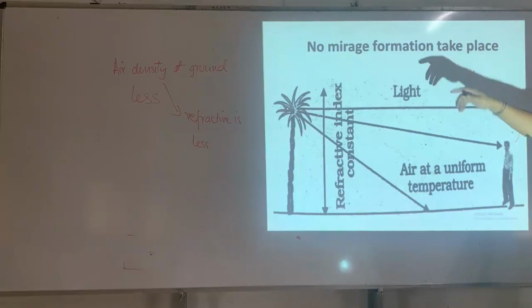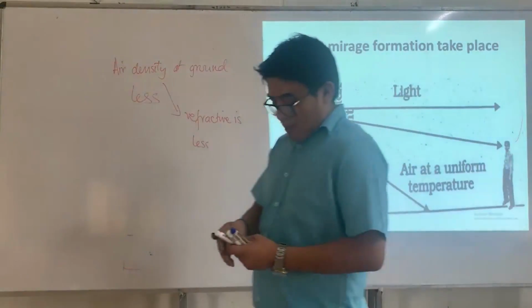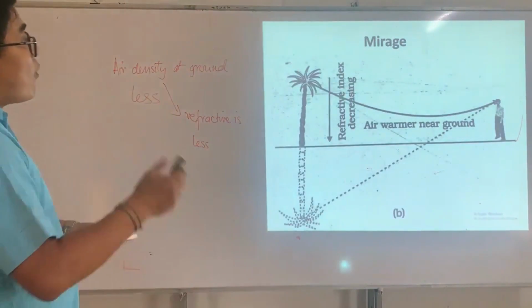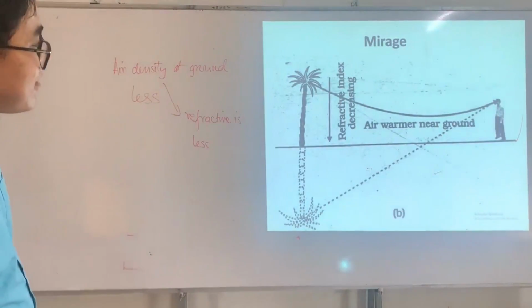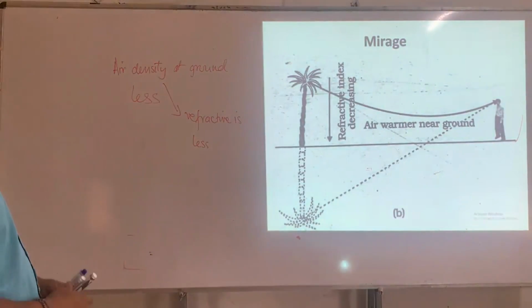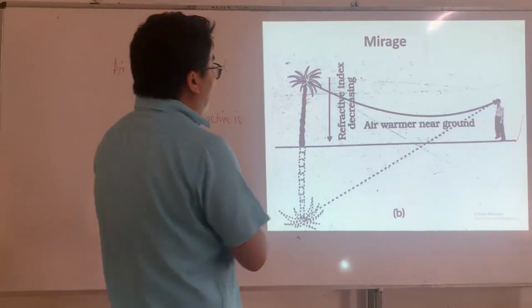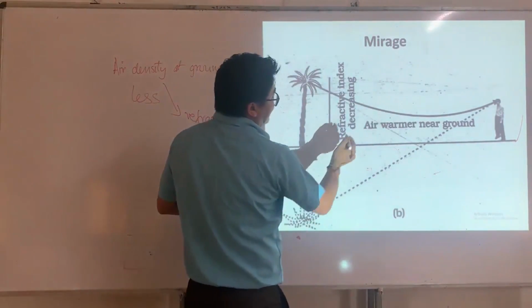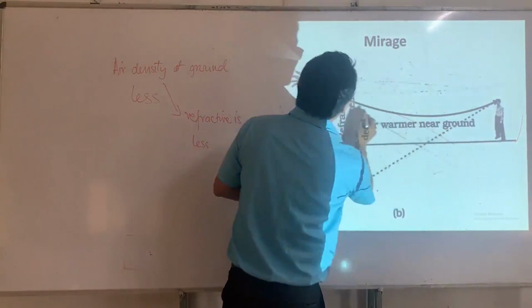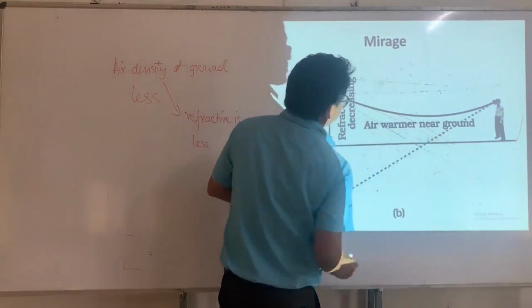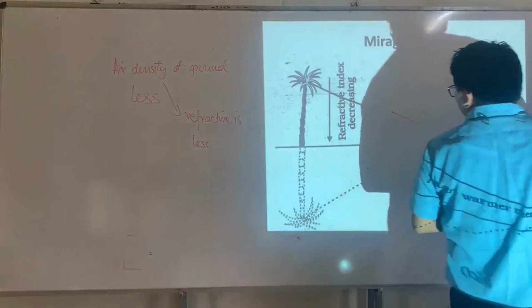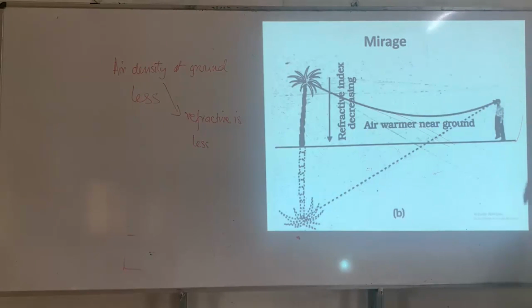You see trees. Now during hot summer times, again I am repeating, instead of light going like this, light undergoes total internal reflection.